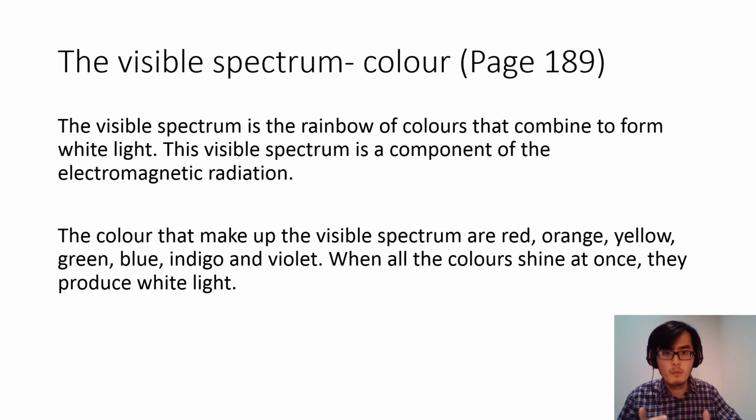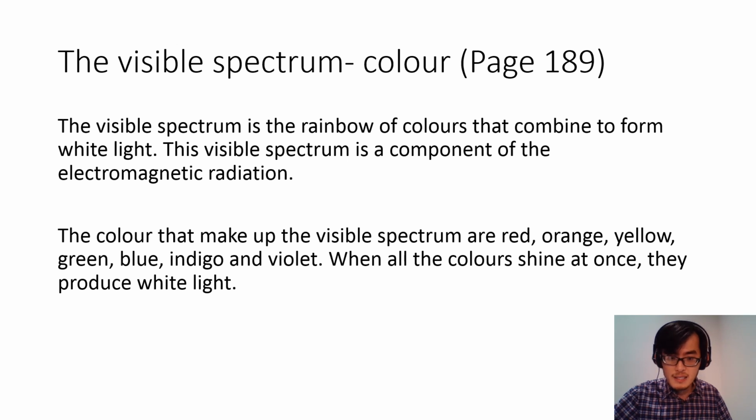They have different wavelengths. So we have a combination of different wavelengths within the electromagnetic radiation. And electromagnetic means that you have a combination of electricity and magnets. The colors that make up the visible spectrum are red, orange, yellow, green, blue, indigo, and violet. So these are what we call the rainbow colors.